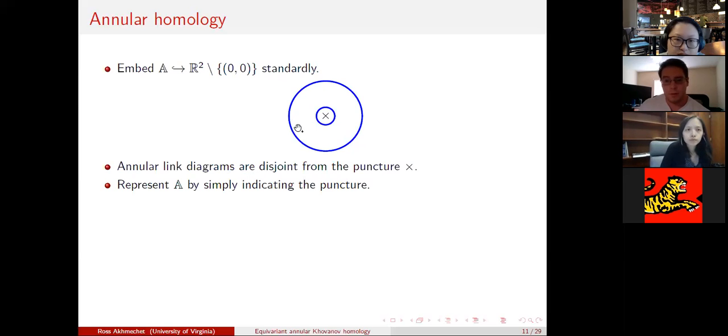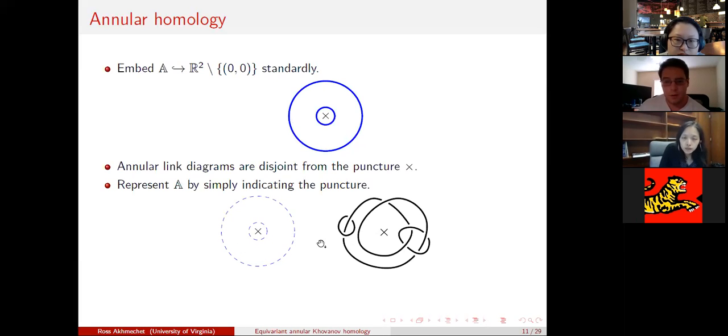I'm not going to draw the actual boundary components of the annulus. So I'll just represent the annulus by the puncture, like this. And so here's an annular link diagram, so just the puncture. This is just a convention to simplify some pictures.